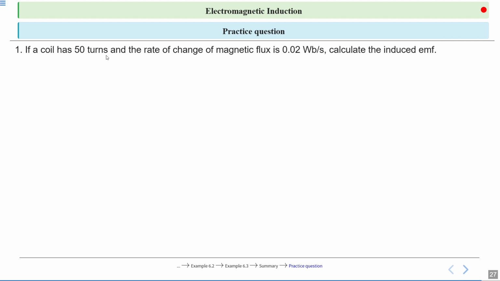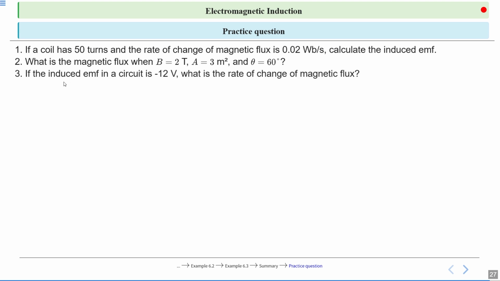If a coil has 50 turns and the rate of change of magnetic flux is 0.02 Weber per second, calculate the induced EMF. What is the magnetic flux when B equal to 2 Tesla, area A is equal to 3 meter square and theta is equal to 60 degree? Third question, if the induced EMF in a circuit is minus 12 volt, what is the rate of change of magnetic flux?